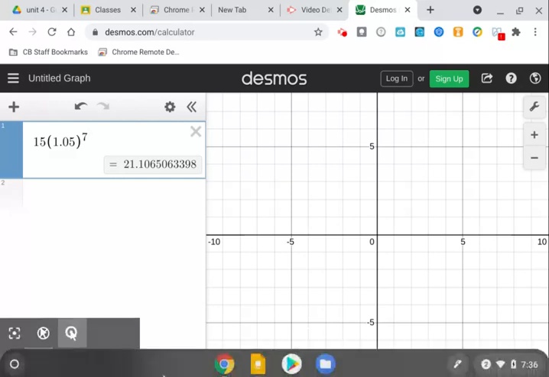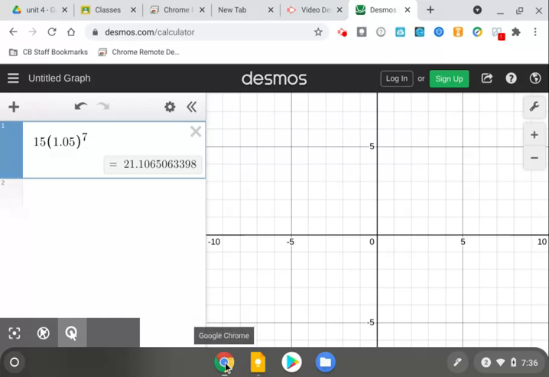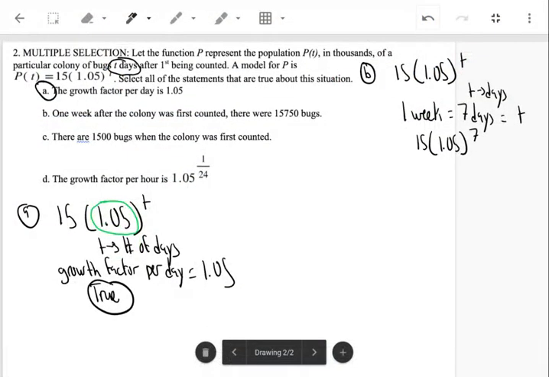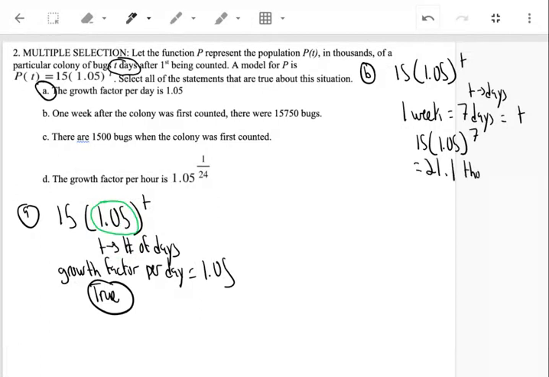That means 21.1 thousand bacteria. So our answer here is 21.1 thousand. Okay. 21.1 thousand, last time I checked, is not equal to 15,750. So B is a false statement.